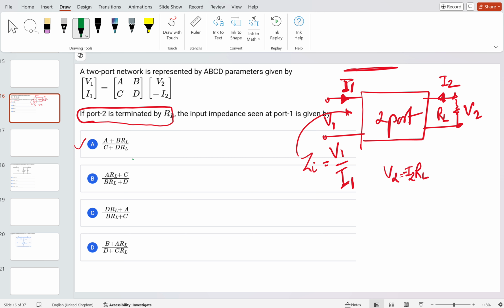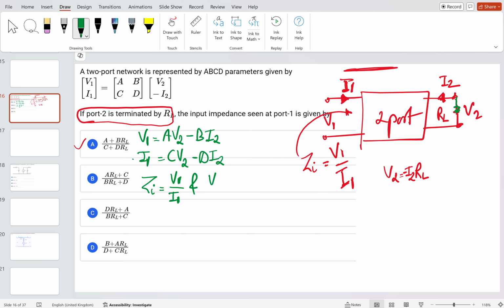The equations are V1 equals A times V2 minus B times I2, and I1 equals C times V2 minus D times I2. What is being asked is the value of Z input, which is equal to V1 by I1, and the hint is that the output port is terminated by RL.